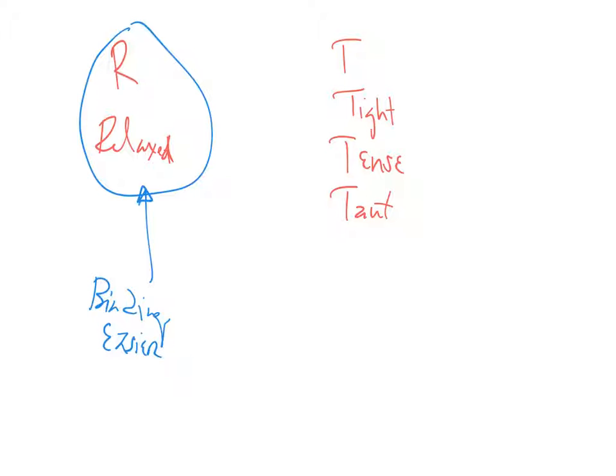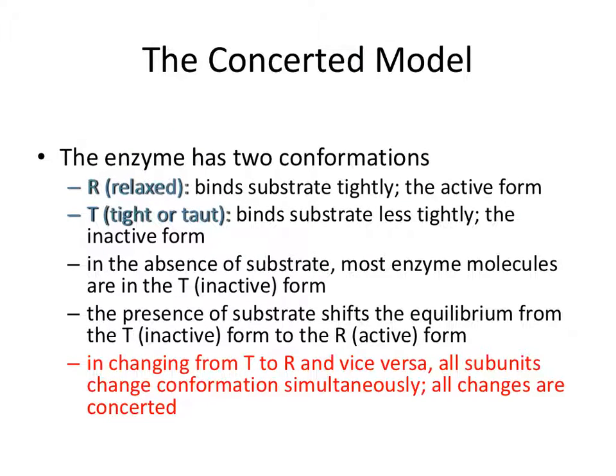All right, so what does this mean? What does this look like? This is just what I've been saying. In the concerted model, the way that it works is the enzyme exists in either the T form or the R form. Usually, if there's no substrate around, it's going to be in the T form.